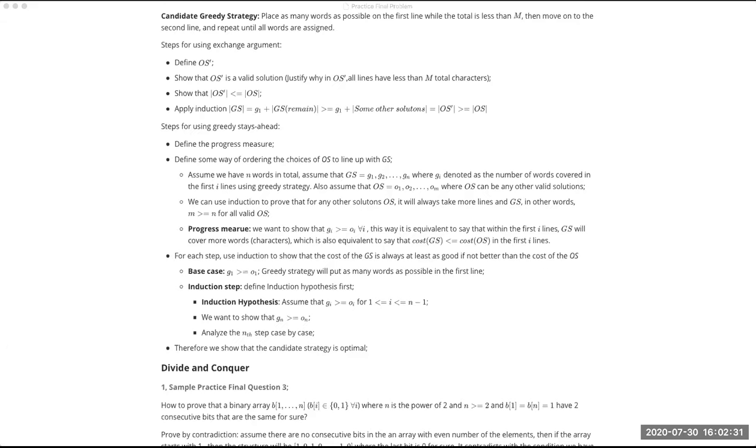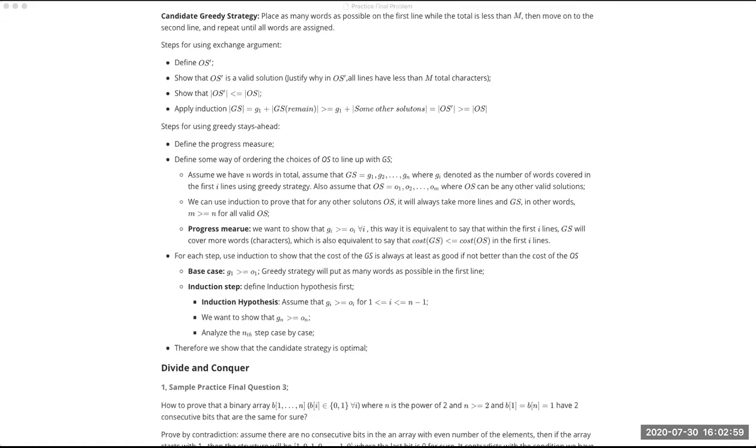Okay. So your question is what's the difference between using the induction step with the induction hypothesis and just proving the base case, right? The base case is basically the first step you will take. It's generally defined by the greedy strategy.